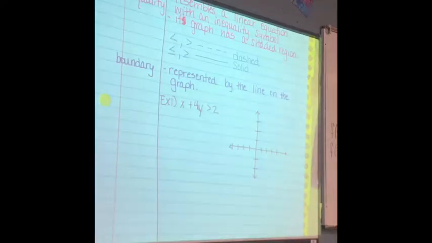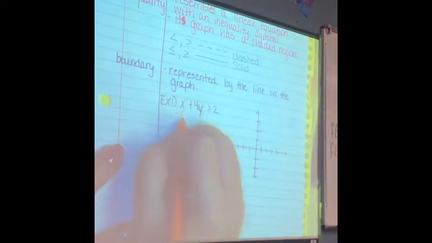All right, so when you have an equation like this, what would be the first step in the process of getting this onto the graph? Put it in y equals mx plus b. I need to put it in y equals mx plus b, so I'm going to solve for y. I'm going to put it in slope-intercept form by solving for y.